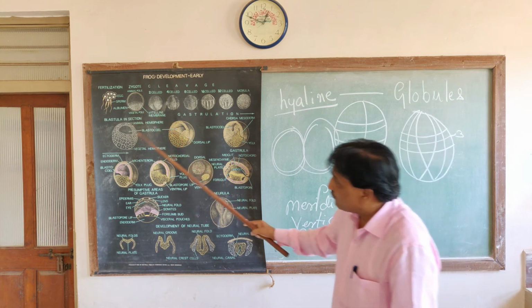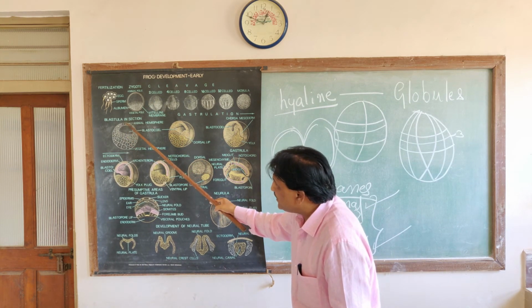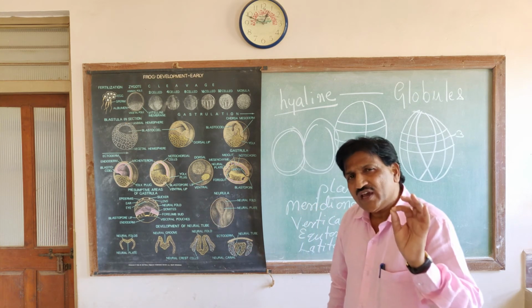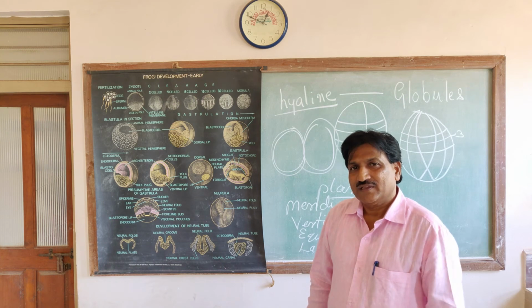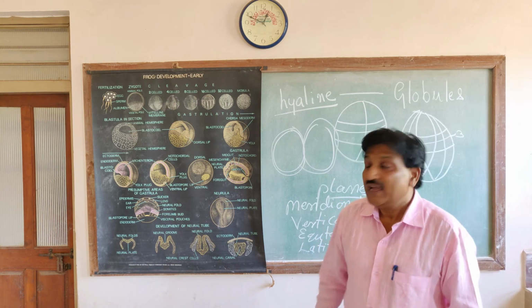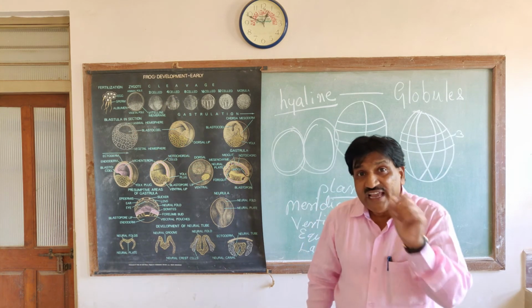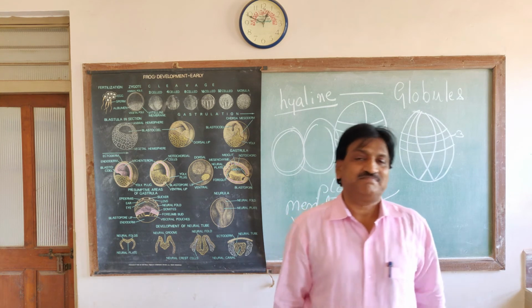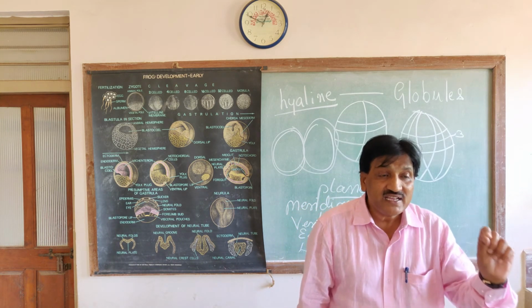In the frog, the blastocoel is present very close to the animal pole, or just above the equatorial region. Such a position of the blastocoel is called eccentric.